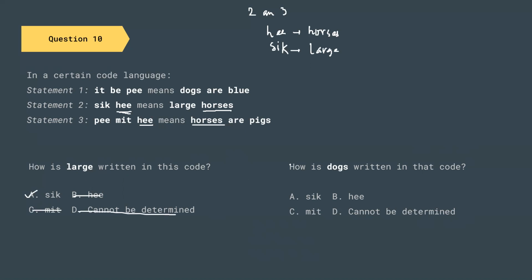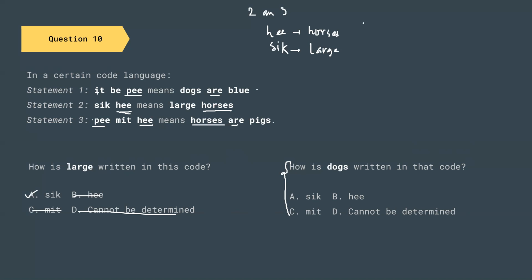For the sake of the second question, and for the sake of our learning, let us try to find out what each of the words is encoded to. So "he" is encoded to "horses", "sick" is encoded to "large". Now let us look at statements number 1 and 3. In statements 1 and 3, "T" is common, and with it "R" is common.